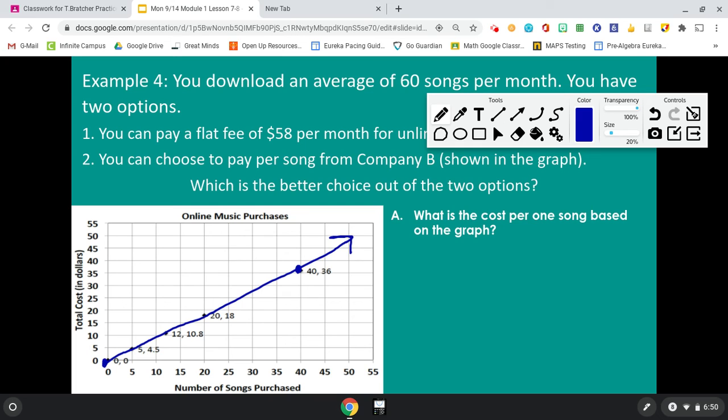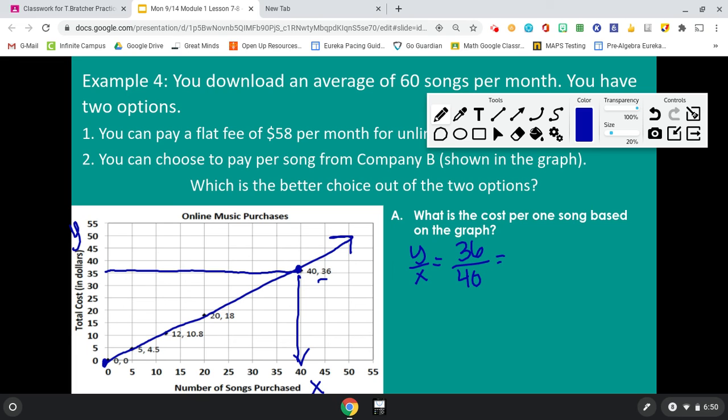If I divide my Y value by my X value, remember, you still have to do that. The Y-axis is over here on the side, so I know that value, if I follow it across, is 36. And then my X value, which is at the bottom, remember X on the bottom when you divide, is 40.